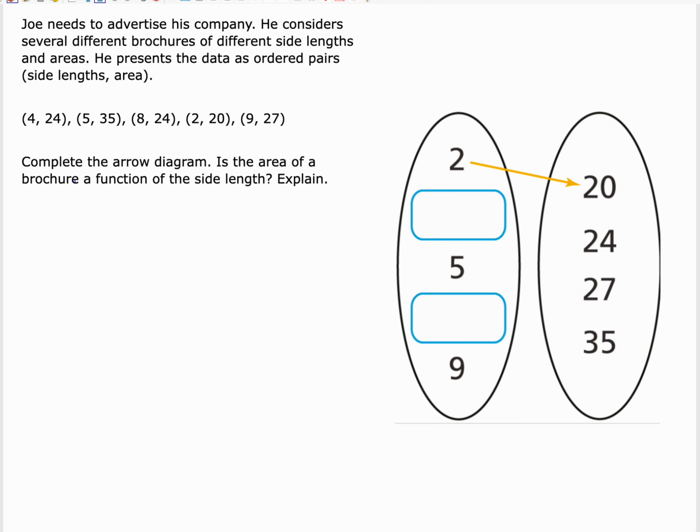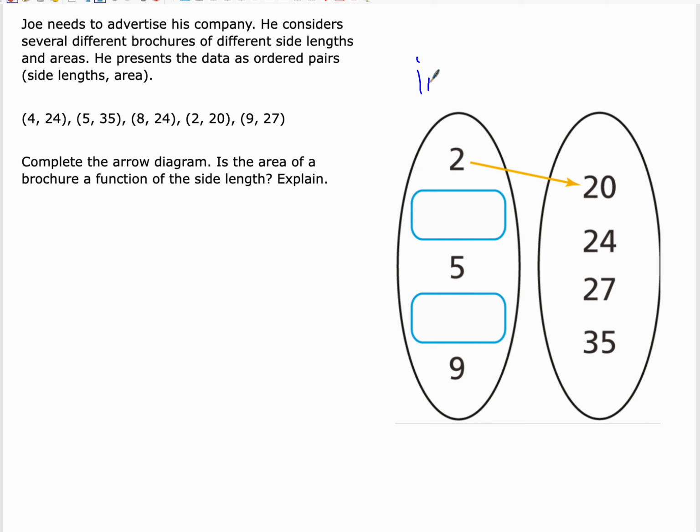Down at the bottom of the page, Joe needs to advertise his company. He considers several different brochures of different side lengths and areas. He presents the data as ordered pairs. Joe is a weird guy, but okay, whatever he needs to do to think about advertising. So we've got some blanks in our arrow diagram here.